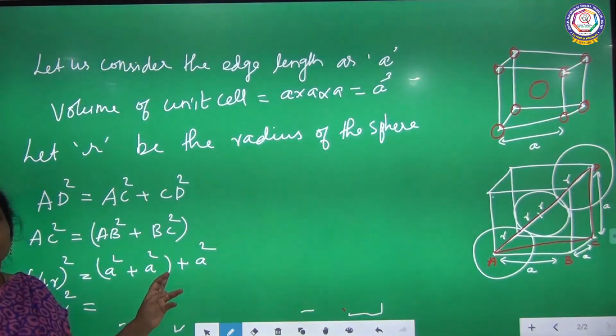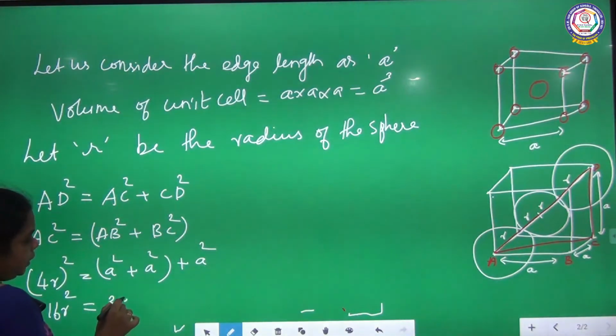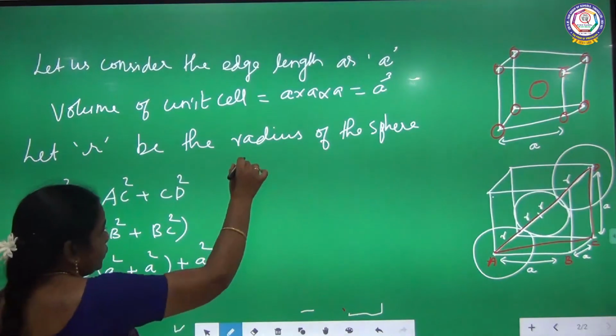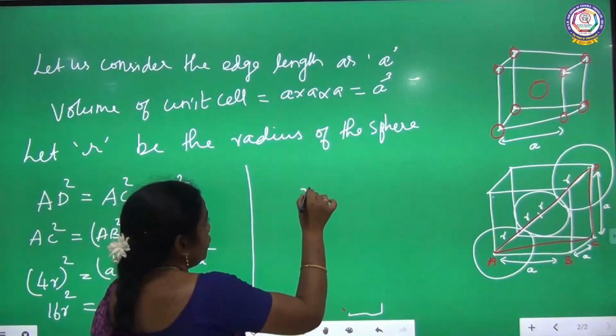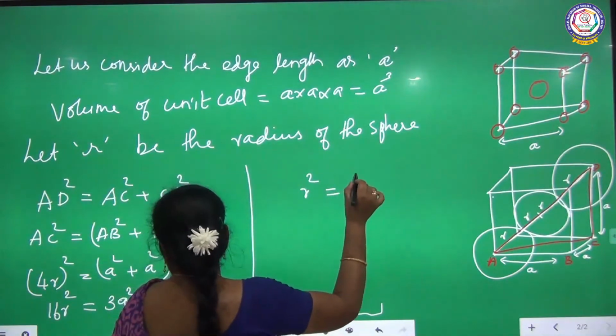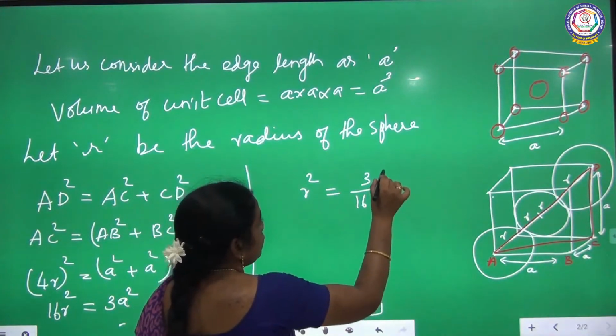How many a squares are there? 3a square. Next, r square equals 3 by 16 a square.